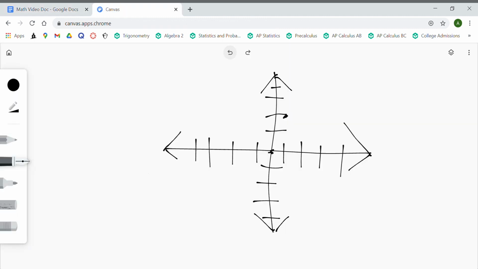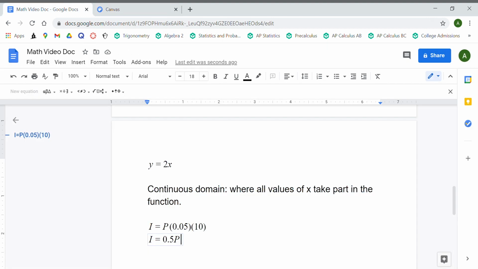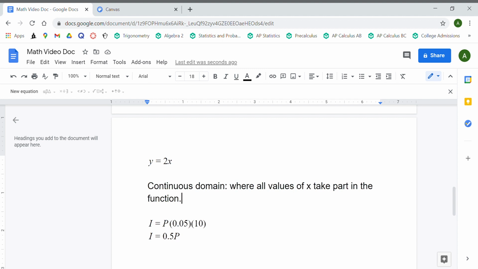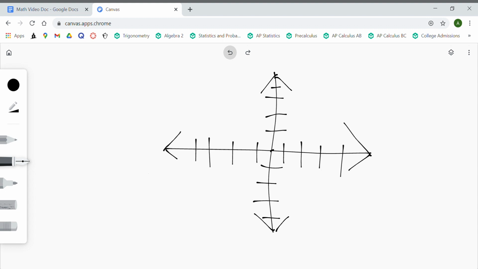And for cases where you have a continuous domain, this is what it would look like. Now, this is sort of restricted to positive numbers, but it still includes all decimal and fractional values for P. So because this is a continuous domain, I messed up, sorry.